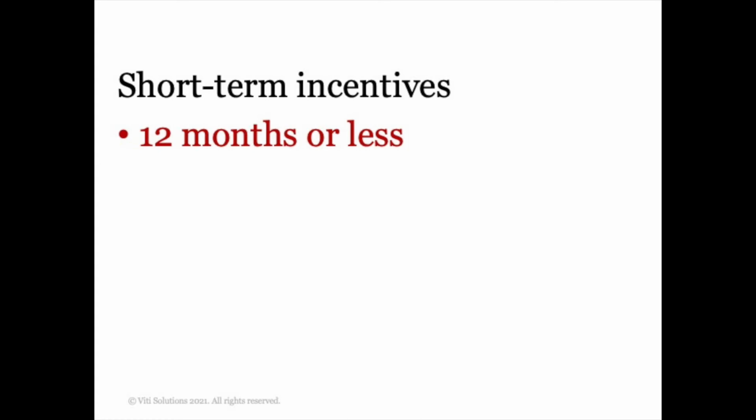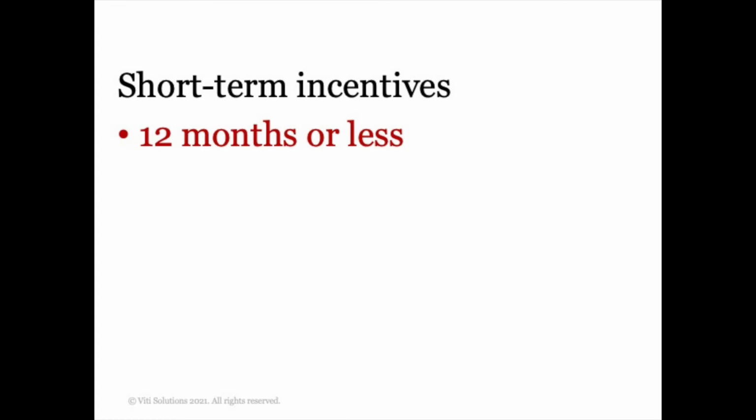There's a spectrum, of course, that we design incentives over, but the short-term ones are typically within the financial year, and they tend to have a focus that is more around the operational execution of the strategy than achieving strategic objectives as such, which tends to be more rewarded through long-term incentives. Not a rule, but it just tends to be that way.